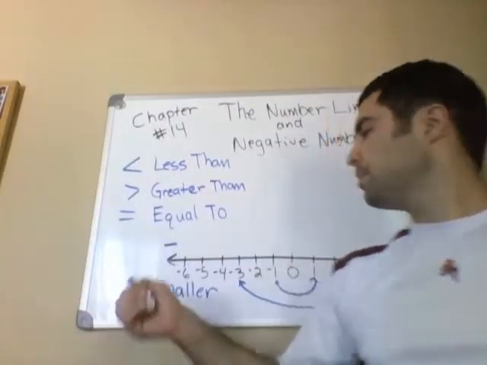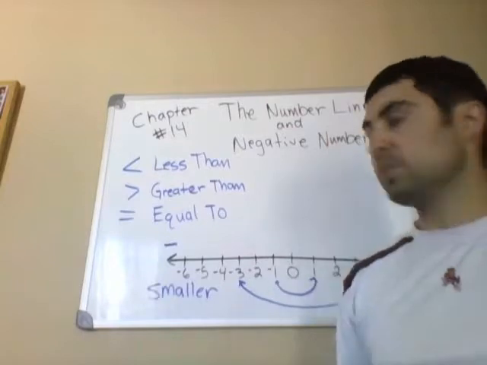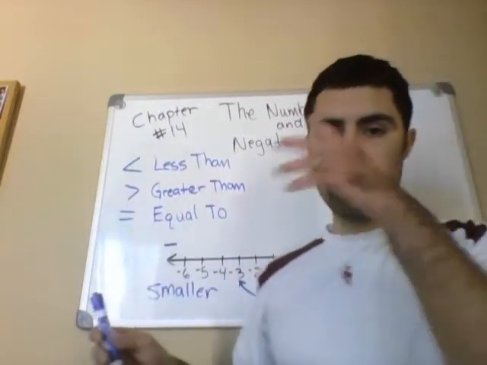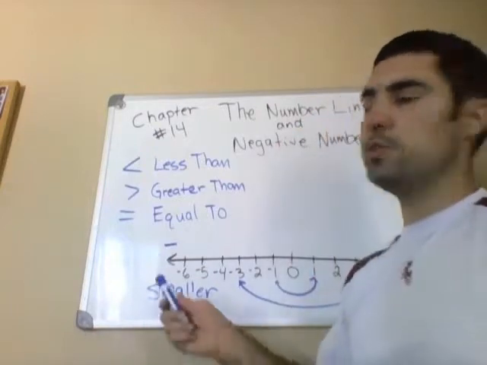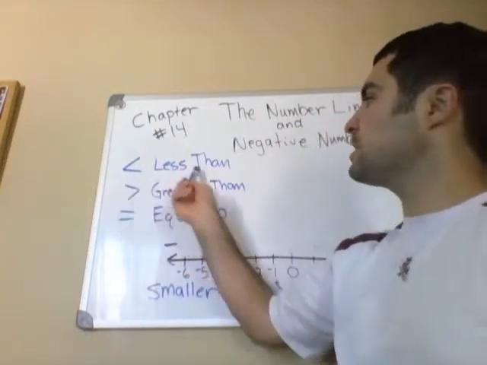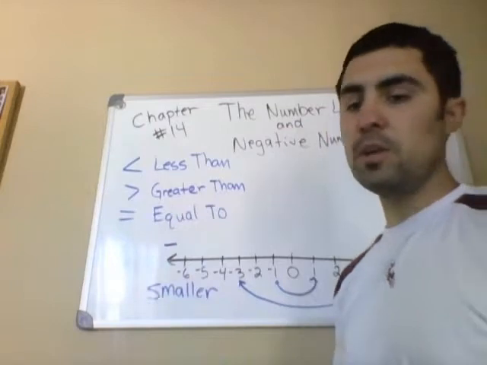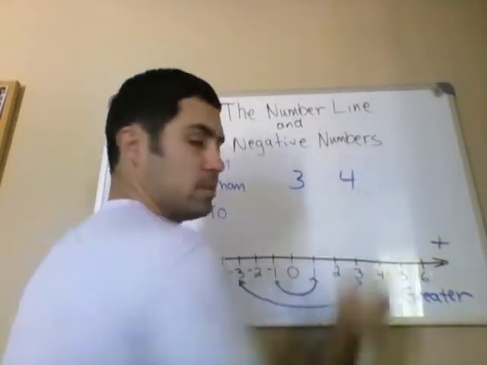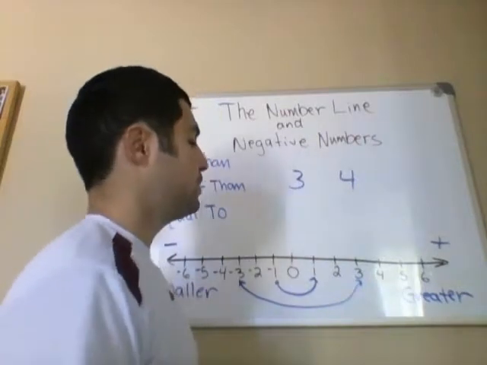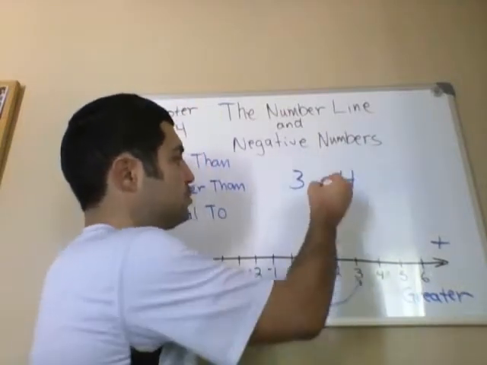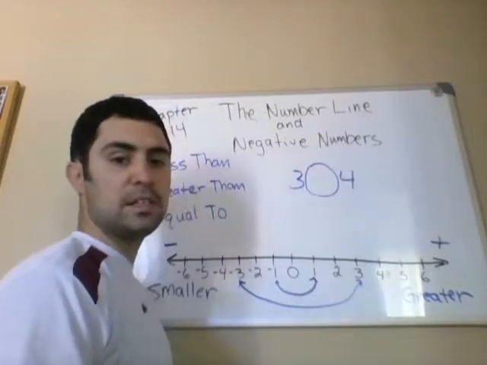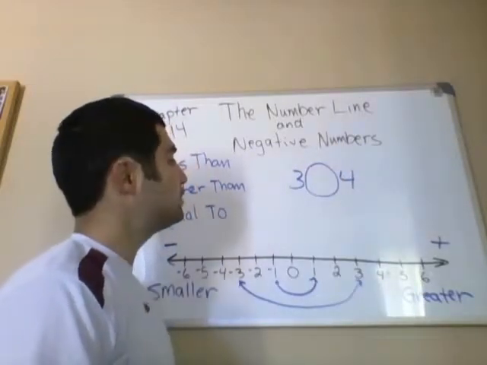Alright, so we're going to be comparing numbers on the number line. So let's go over this really quick because I know you guys probably remember this from the last lesson. But just to reinforce what you already know, this is less than, greater than, or equal to. So if you have two numbers, 3 and 4, start off simple, and it asks you to evaluate which number is less than or greater than or equal to.